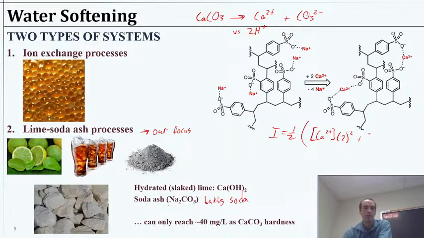So in this case, we'll pretend there's both sodium and calcium. If that's our ionic strength equation, even if we have half the calcium, we're multiplying it by 4, right? So we are reducing the ionic strength if we're simply exchanging calcium for sodium. Okay, so we have a system then that can reduce the net charge.